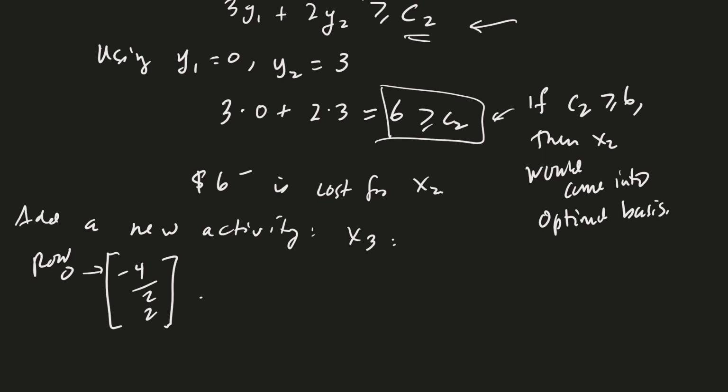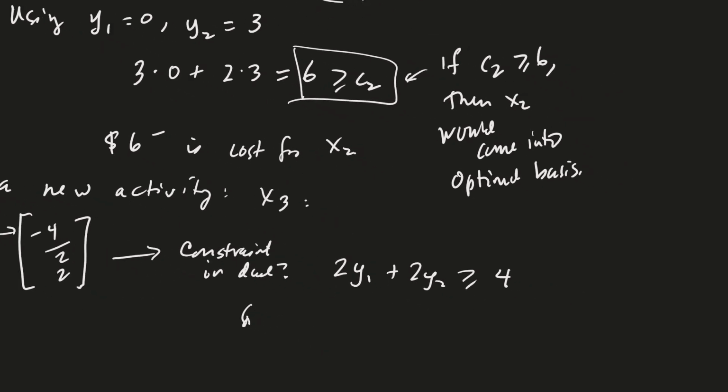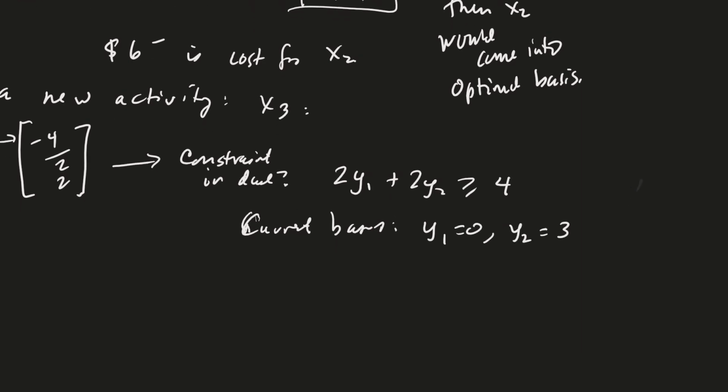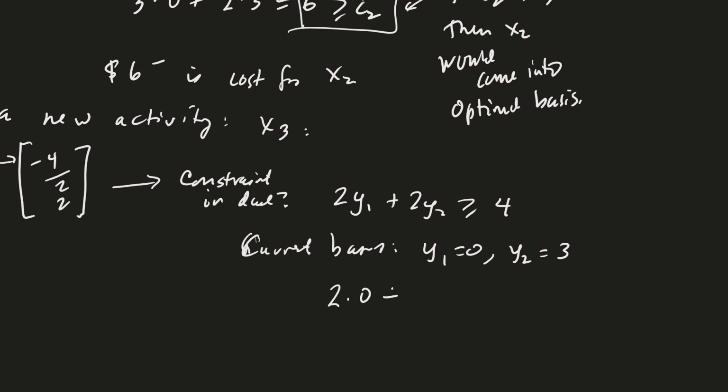And so, what does the constraint in the dual look like? Well, it would be 2y1 plus 2y2 is greater than or equal to 4, right? And so, does our current basis satisfy this? The current basis is y1 equals 0 and y2 equals 3. So if we put that in, that's equal to 6.